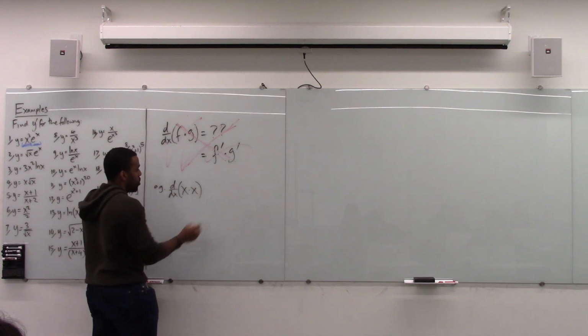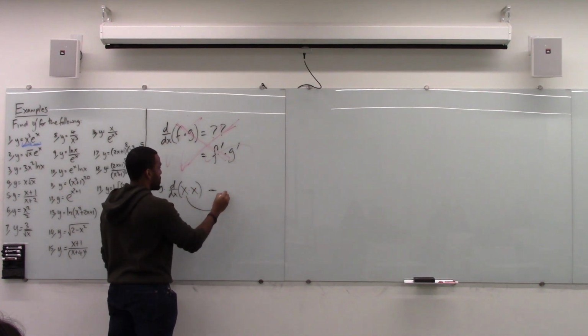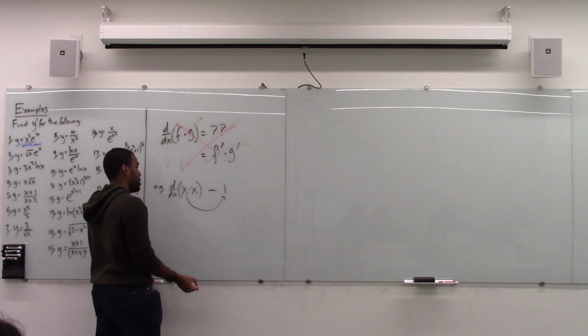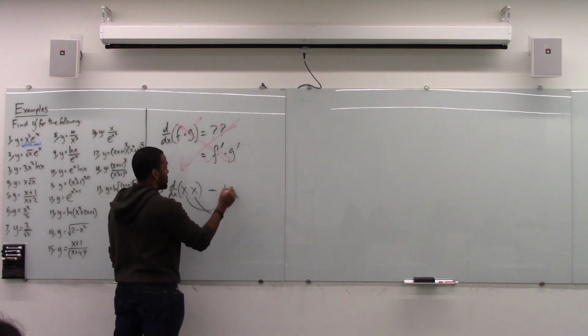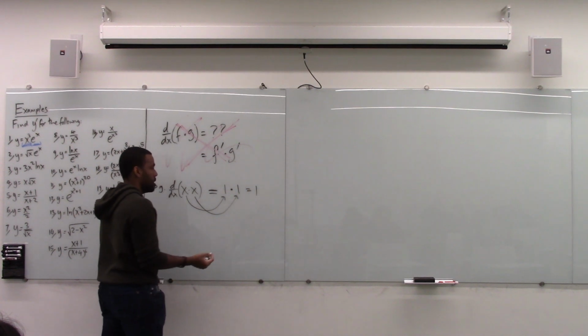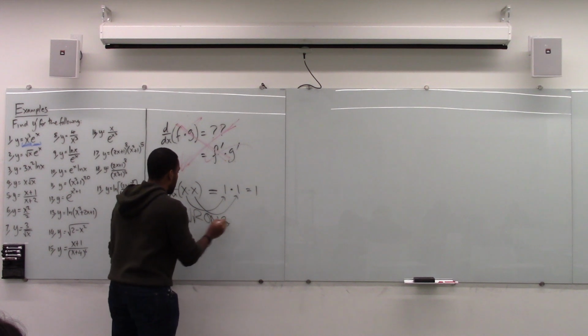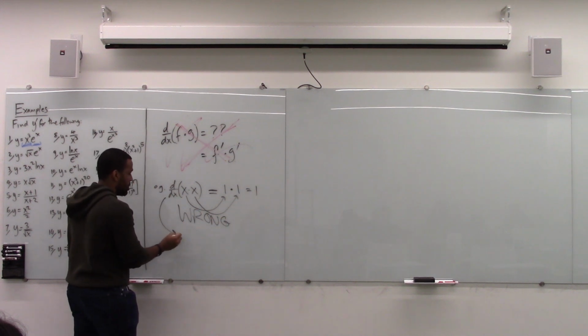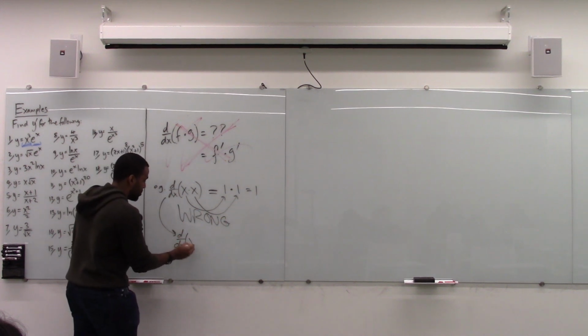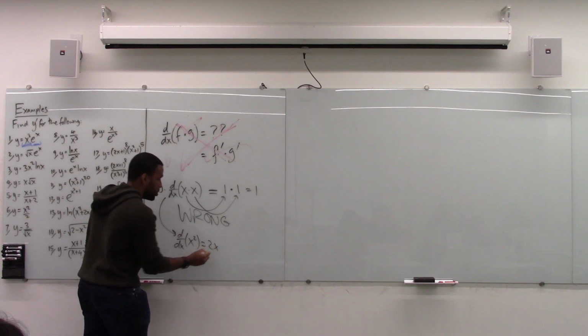And you decided, oh, I'm just going to differentiate x, which I know the derivative of is 1, and then differentiate this x, which is also 1, so the answer must be 1, right? But we know this is wrong, because that's just x squared, and we know the derivative of x squared is 2x.